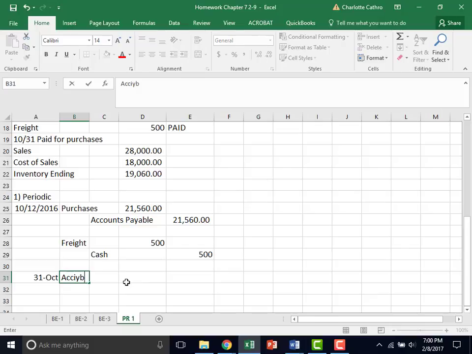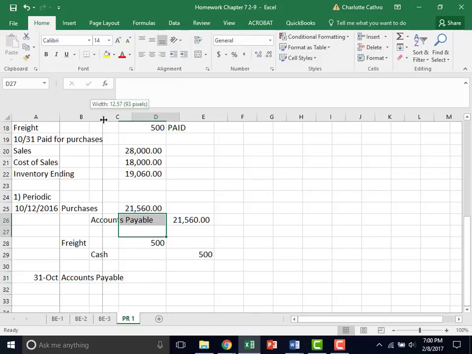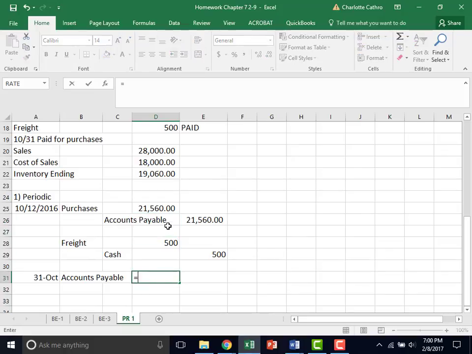So accounts payable gets reduced for the amount that we recorded of the payable. Now, 10/31, I paid for them. Did I pay them within 10 days? No, I didn't. So I have to record an interest expense when I don't take that discount.